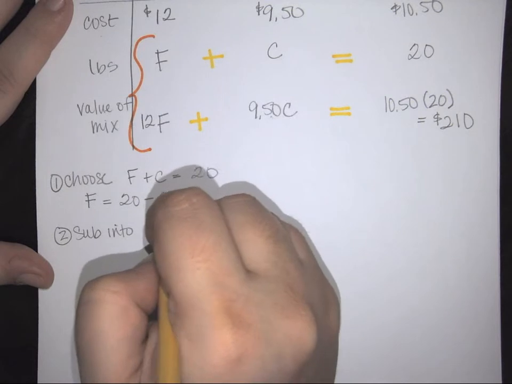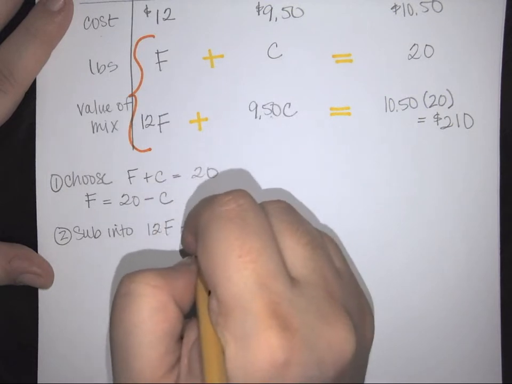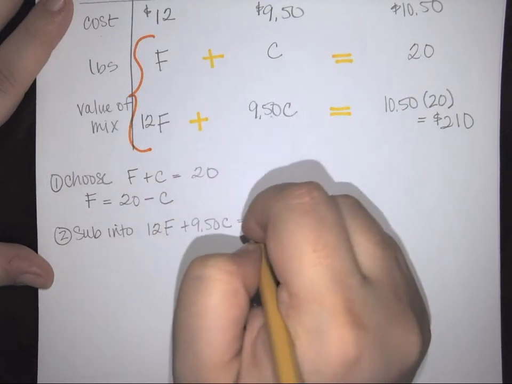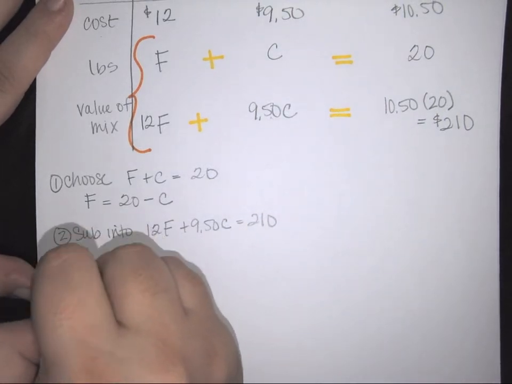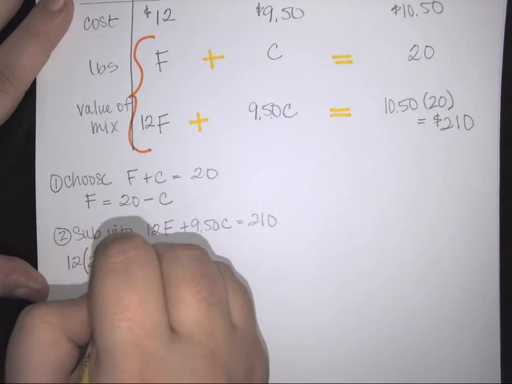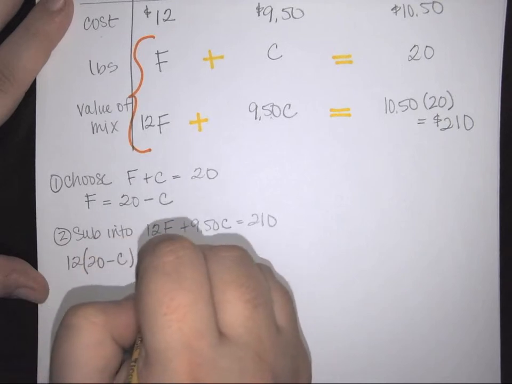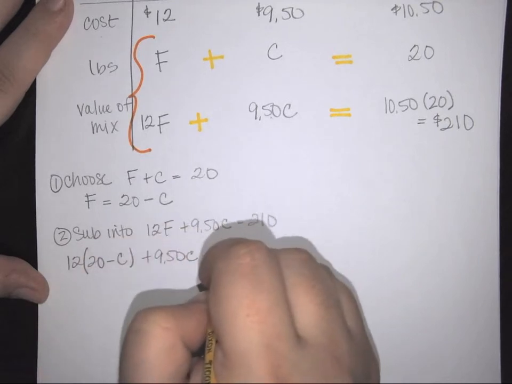So we're going to substitute it into 12F plus 9.50C equals 210. So this becomes 12 times (20 minus C) plus 9.50C equals 210.